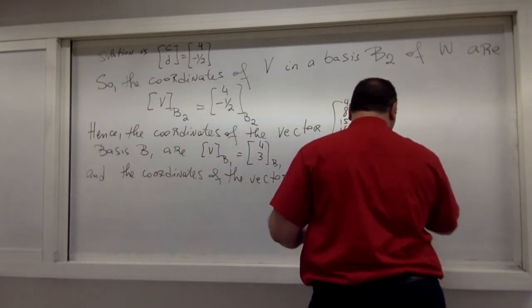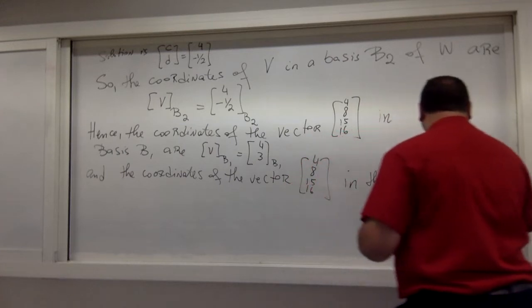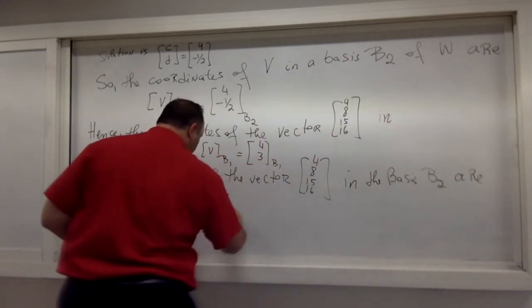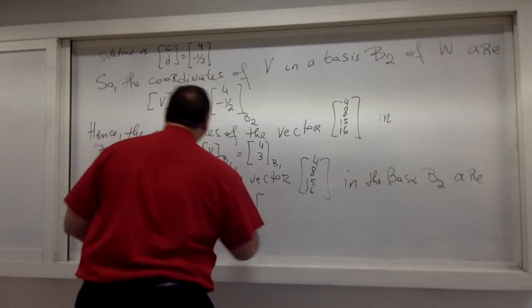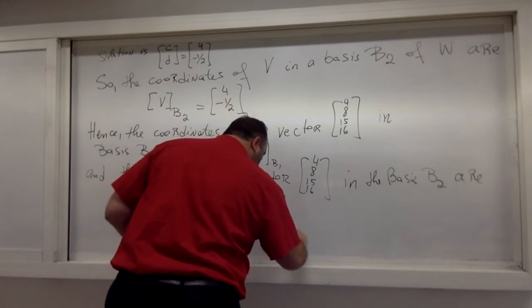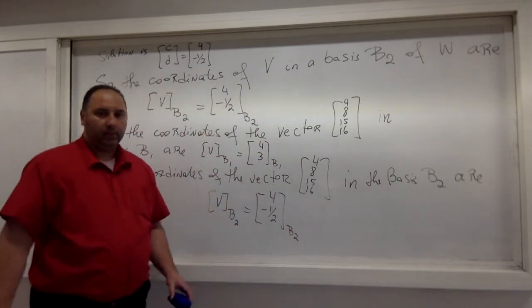And the basis B2 are 4, negative 1 over 2. So it's the same object but two different bases.